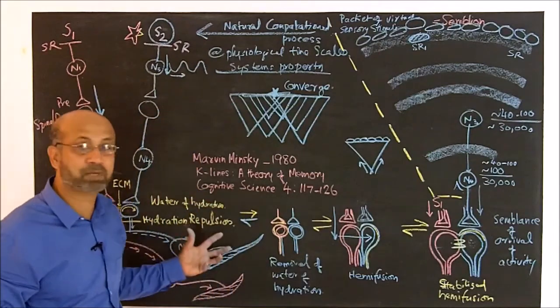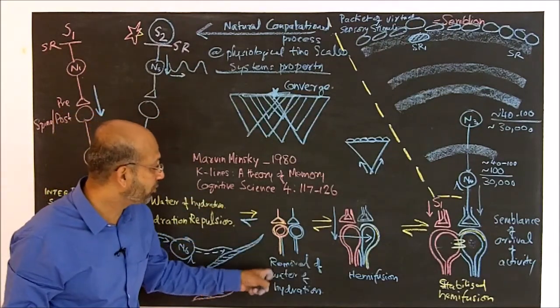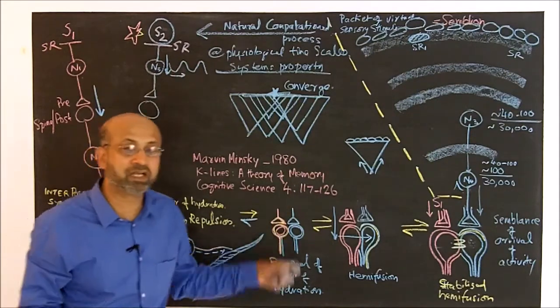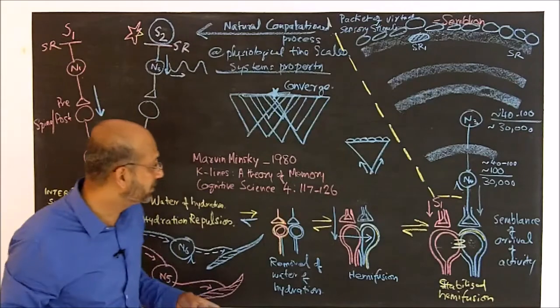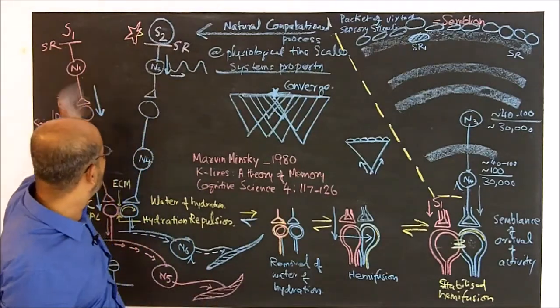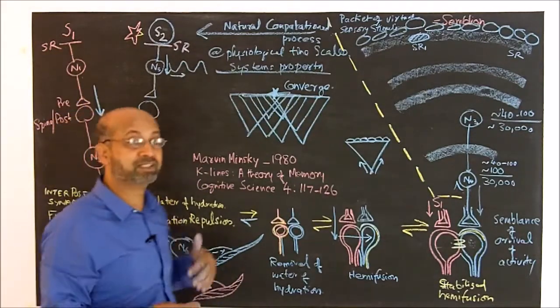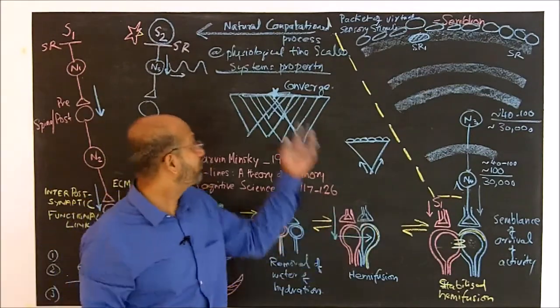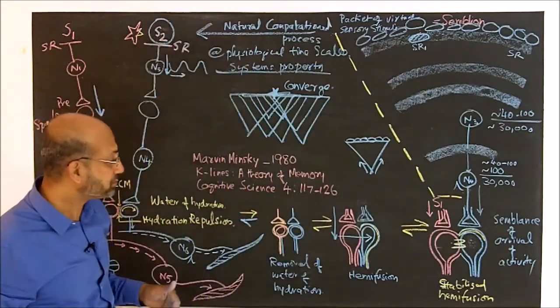In the case of working memory, since the removal of water hydration can induce an interpostsynaptic functional link only for a very short period of time, the arrival of one of the sensory stimuli after a certain period of time cannot induce memory of the second item.